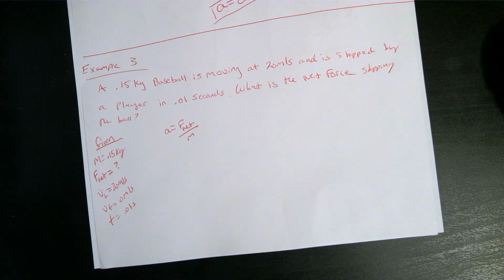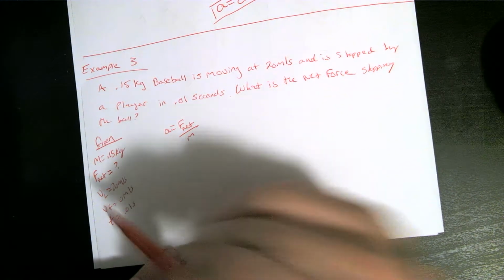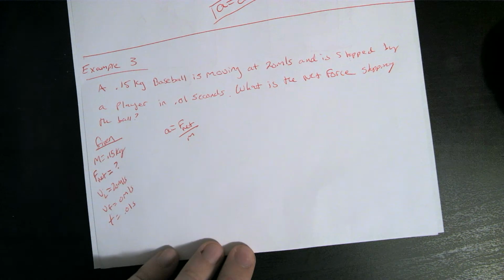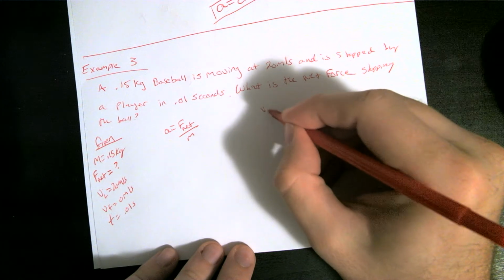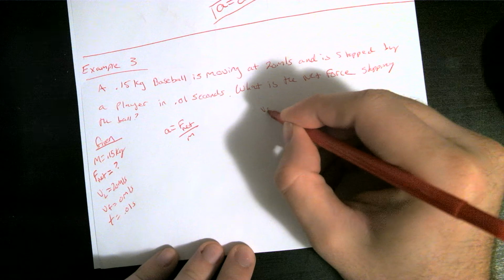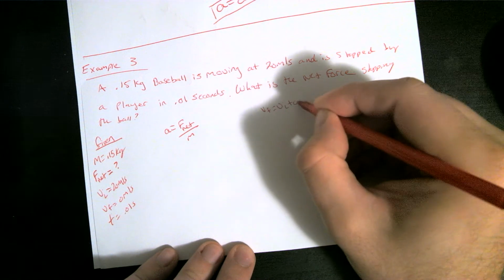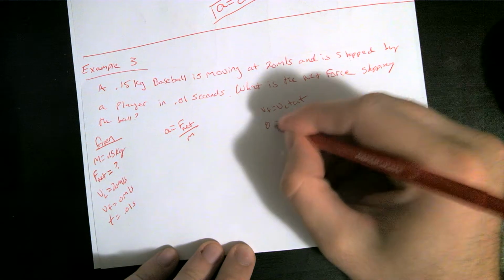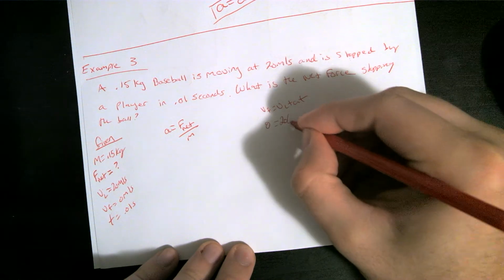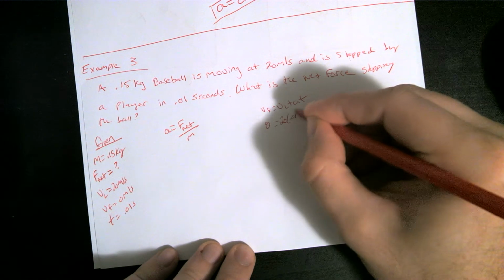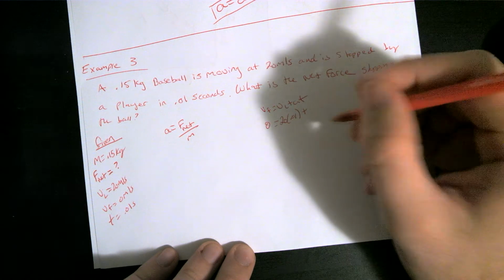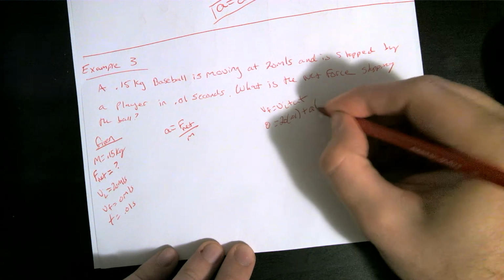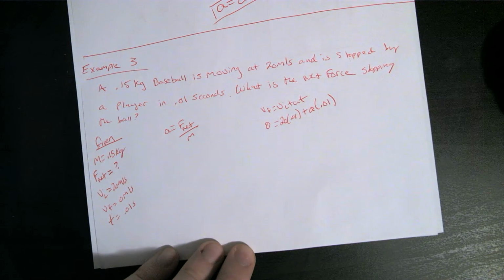Well, you remember that we have an equation for acceleration, right? One of these equations we use so much is VF equals VI plus AT. VF is 0, VI is 20 times 0.01 plus A times 0.01.